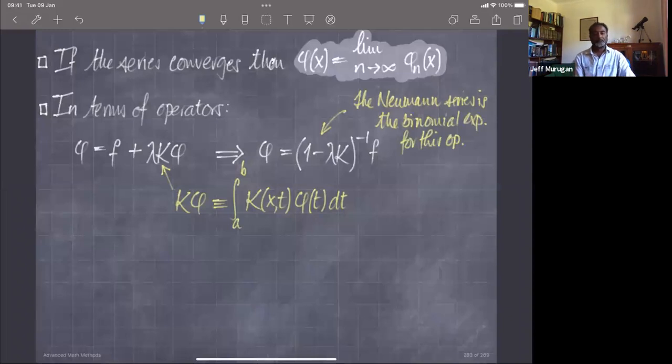Okay, and so now it kind of makes sense why we're making this expansion and why we chose a particular function to expand around, etc. And convergence of the integral series corresponds to whether or not such an inverse exists.